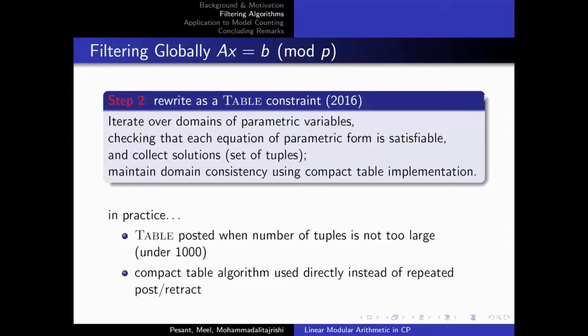And in practice, what we actually do, we don't post and then retract upon backtracking all those table constraints. We actually use the algorithm for compact table directly in the constraint. So that's a bit lighter, and in practice makes a bit of a difference. So that's a main difference here from the previous work.